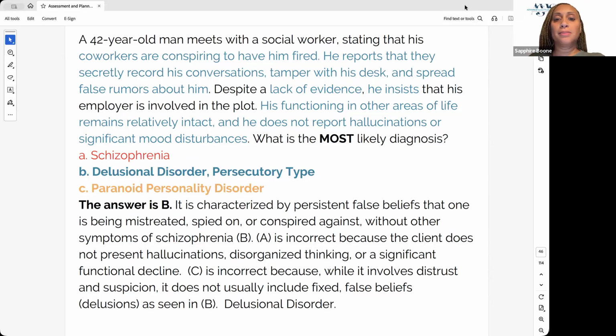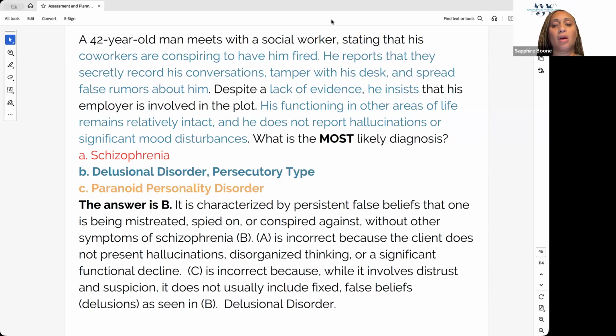It is characterized by persistent false beliefs that one is being mistreated, spied on, conspired against without symptoms of schizophrenia. So we can get rid of A, that's easy. C is incorrect because while it does involve distrust and suspicion, it does not usually include fixed false beliefs.